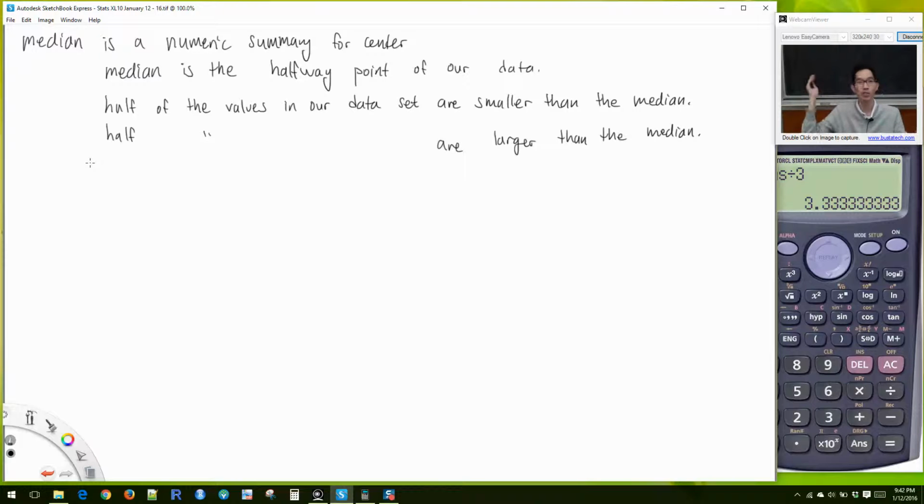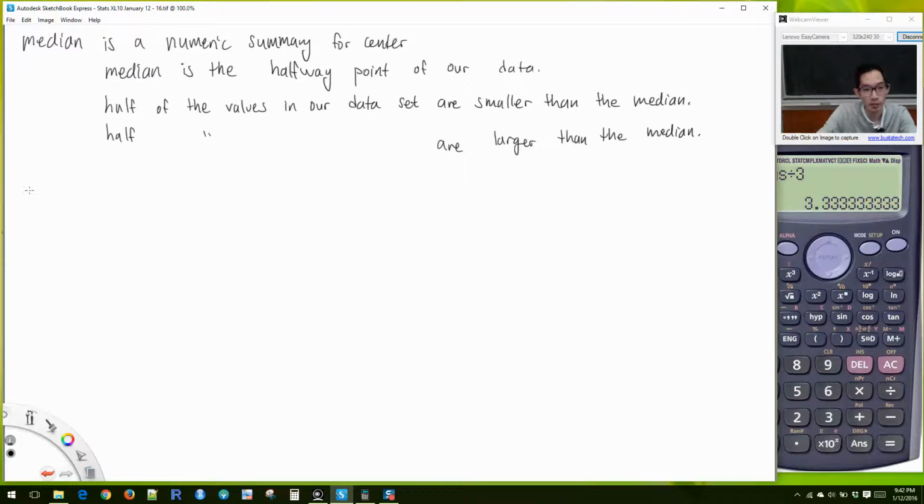If I've got 500 data points, I need to find the spot where 250 are smaller and 250 are bigger, okay? And then if you have something like 11 data points, you've got an odd number, so you do 11 divided by 2, that's 5.5. Basically, you're going to say, okay, 5 are going to be smaller, 5 are going to be bigger, and then the one in the middle, that's my median.